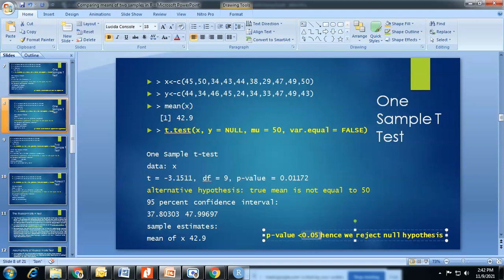Yes, in this case it is less than 0.05. So when your p-value is less than 0.05, we reject the null hypothesis and we accept the alternate one. So the alternate hypothesis is that the true mean is not equal to 50. Yeah, because true mean is 42.9, right?